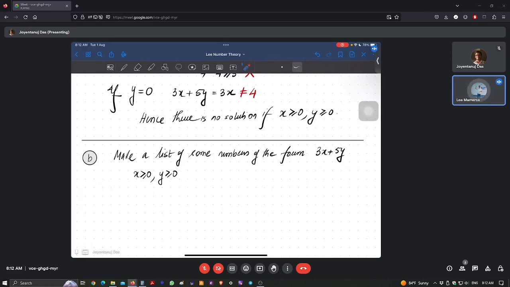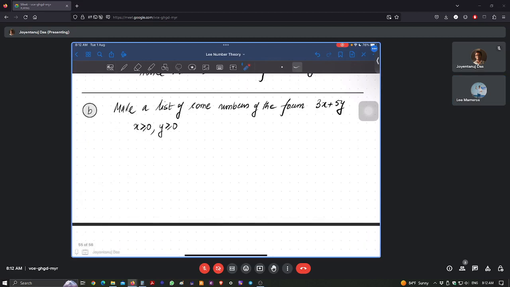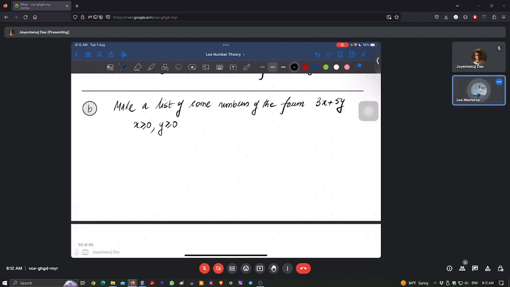I mean, we can start with x equal to 0. Yes, if you take 0, 0, then we get 0. Then if we take 1, 0, we get 3, right? Then if we take 0, 1, that would be 5.